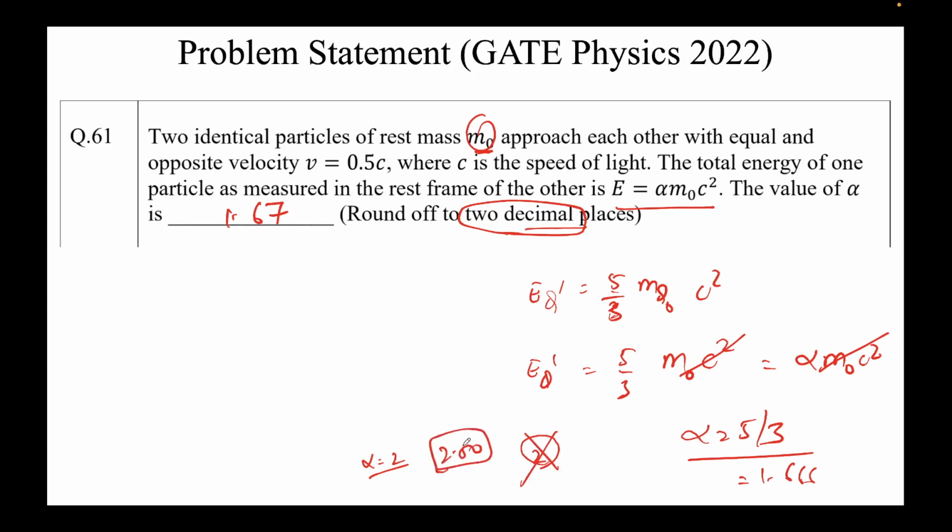There's a provision for entering decimals in the GATE paper when you appear on your screen. So please remember, if it says 2 decimal places, then it has to be 2 decimal places. Either round it off like this, or if it's a whole number, then you add zeros. Or let's say the value was 1.6 here, then the answer would be 1.60. This 0 is very important.